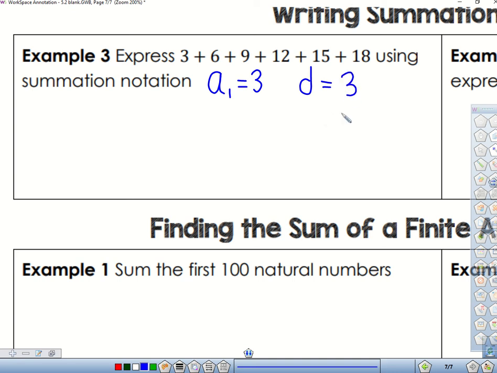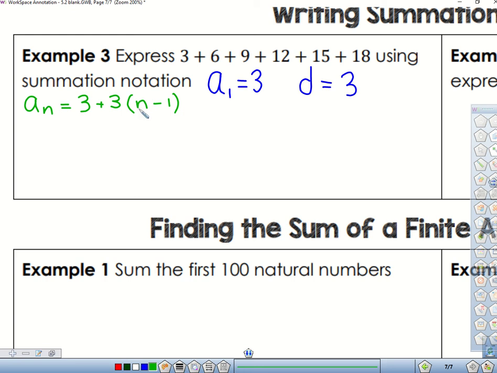So once you've identified that information, you're then going to use the explicit sequence formula that we've been working with, which is a sub n is equal to a1 plus d times n minus 1. So you plug into the formula you use for sequences. We haven't done anything different today than we've been doing.